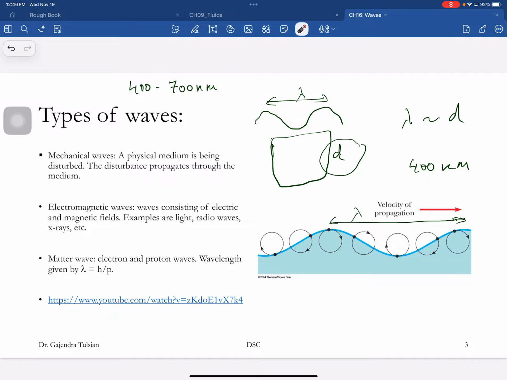It turns out that moving electrons, all moving particles, have a wavelength associated with them. The wavelength is h divided by their momentum, mass times velocity. So you see, the faster a particle is moving, the smaller its wavelength.